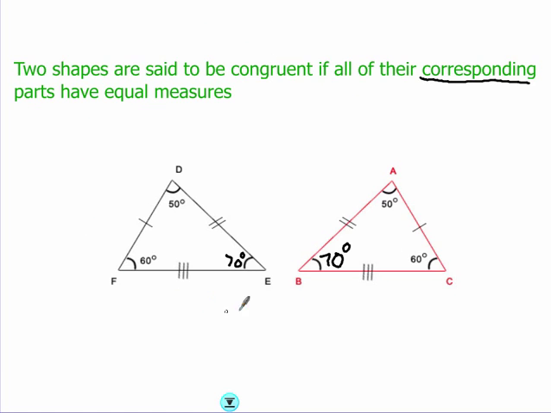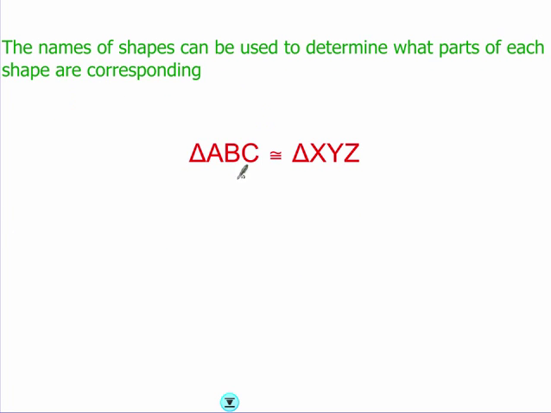So shapes are congruent if all of their corresponding parts have equal measures. Now we can use the names to determine which parts of each shape are corresponding. For example, if I have triangle ABC and triangle XYZ, I know that side AB corresponds to side XY.